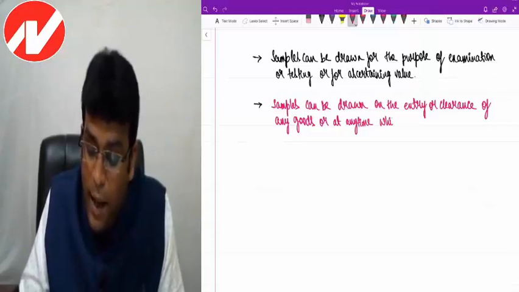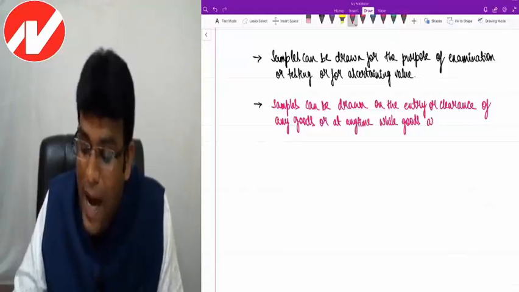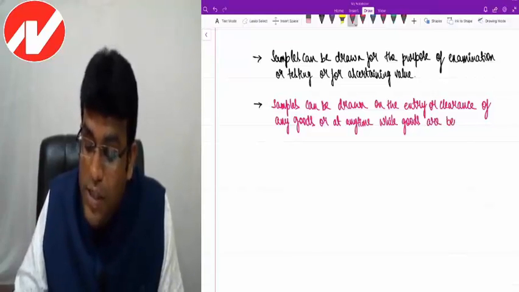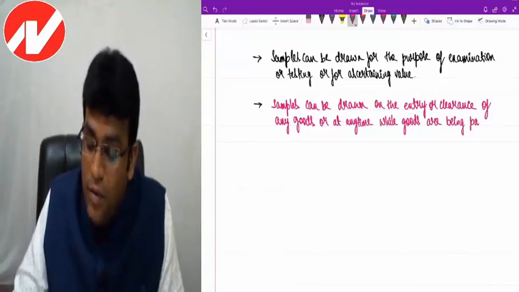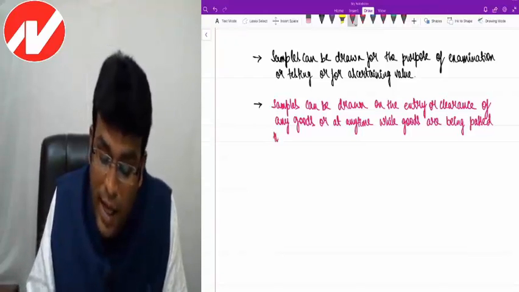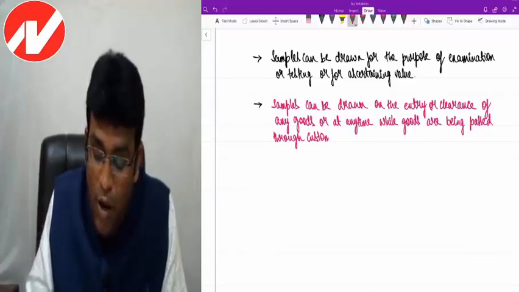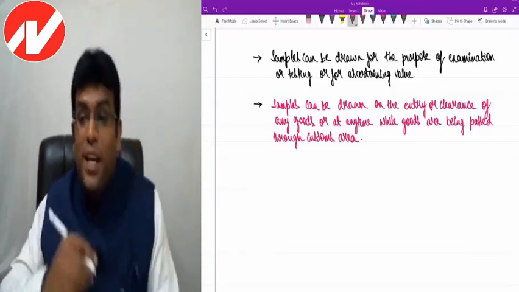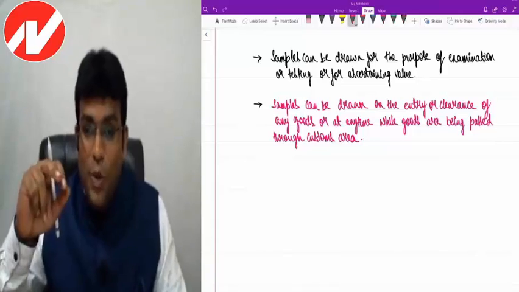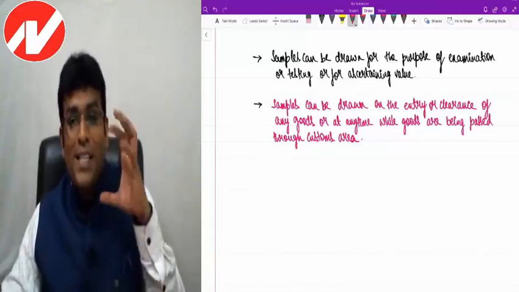through customs area. While goods are being passed through what area, my dear friends? Customs area. So when the goods are passing through the customs area, at that time samples can be drawn.